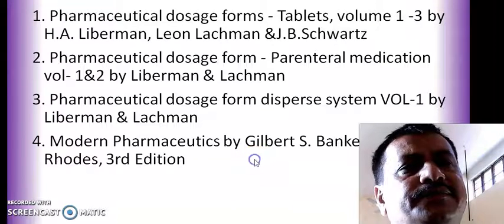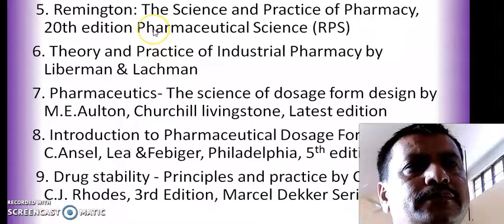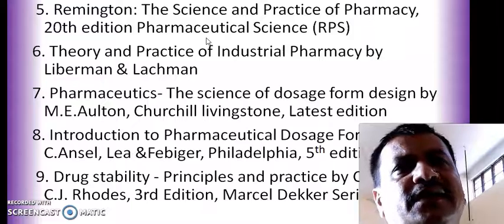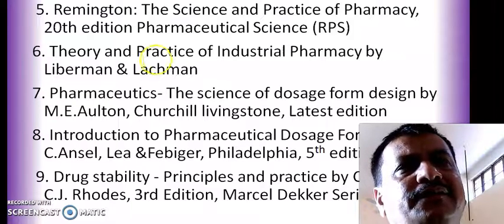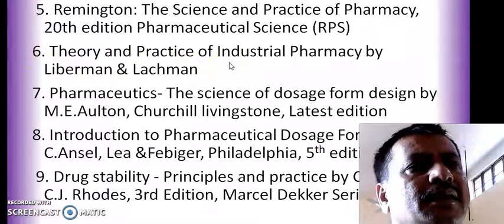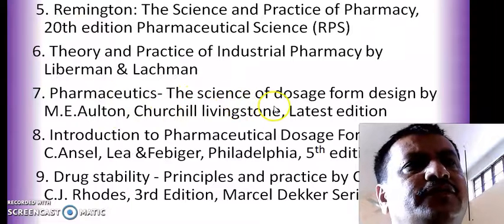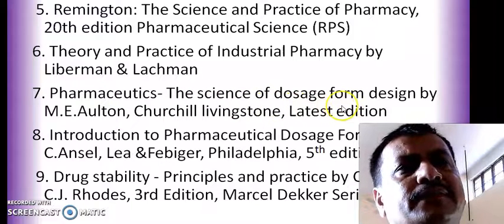Then other books which PCI has recommended are Remington, The Science and Practice of Pharmacy, 20th edition. Then we have The Theory and Practice of Industrial Pharmacy, that is Lachman. Then we have Pharmaceutics, The Science of Dosage Form Design by M.E. Aulton.